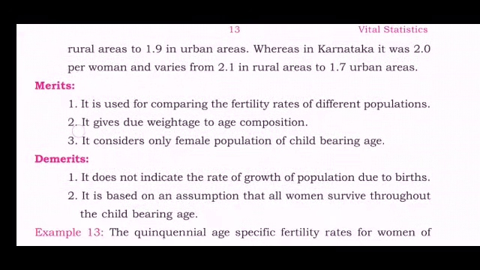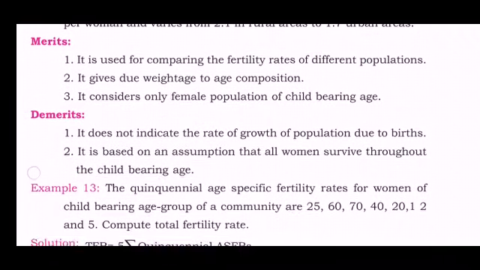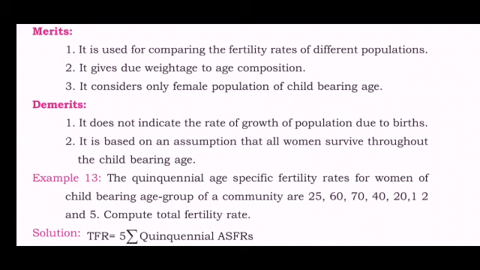Then the merits of TFR are: first, it is used for comparing the fertility rates of different populations. So dear students, here you can refer to this first merit. It is not simple to calculate, easy to understand. Okay, so this merit may be asked in exams for 1 or 2 marks.